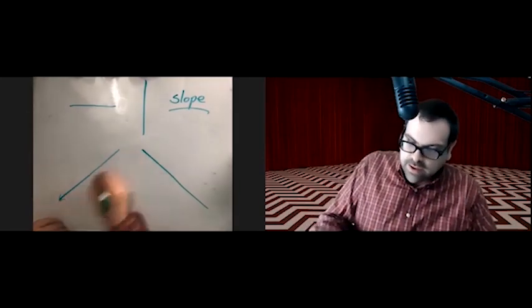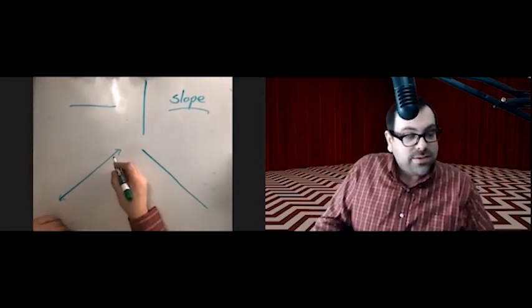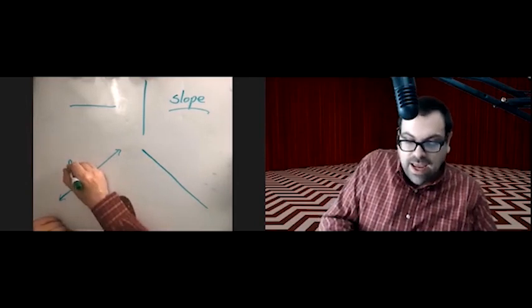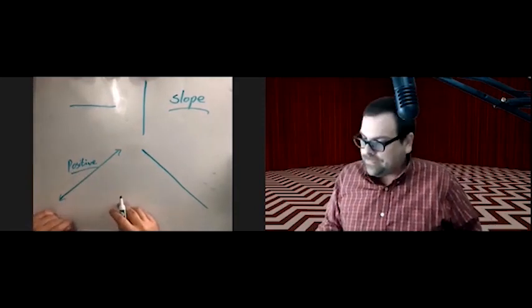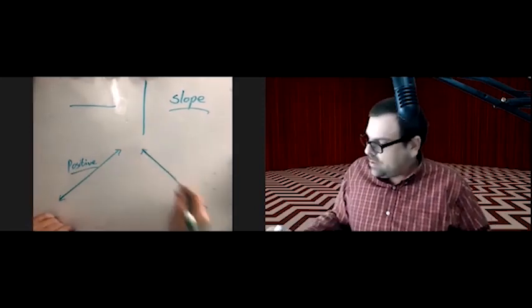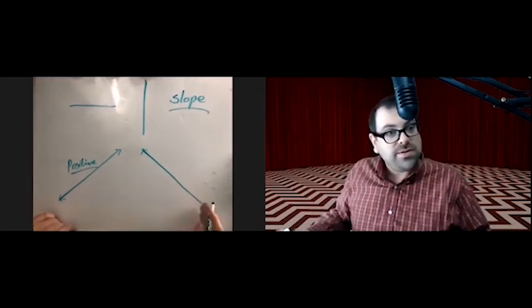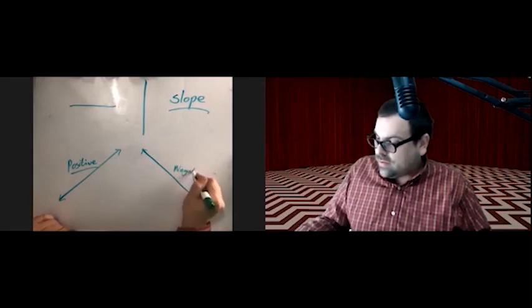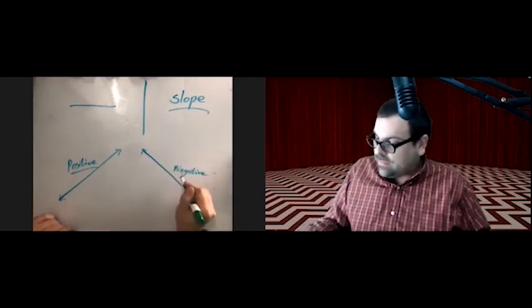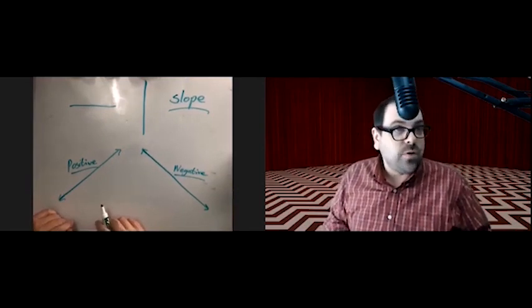Something that rises from left to right, we say has a positive slope. Something that falls from left to right, we say has a negative slope.